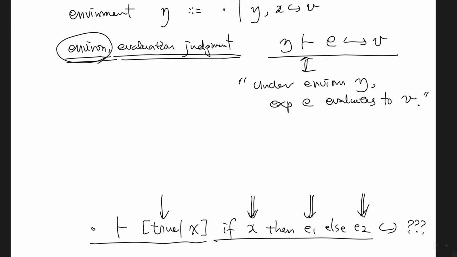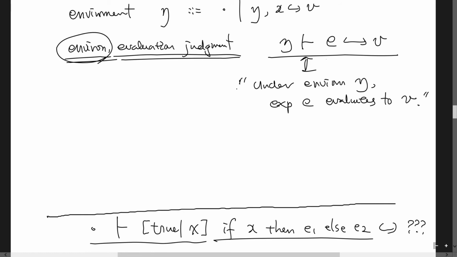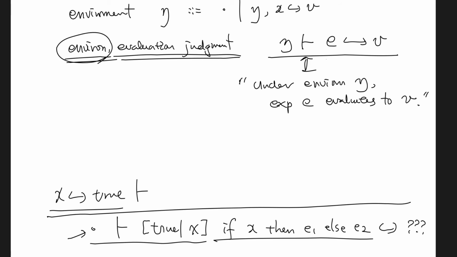So instead of performing substitution right away, we postpone the substitution as much as we can. So what we do is we extend the environment. Currently we have an empty environment. Now we have this singleton environment. This mapping says that we have to replace this variable x with value true.